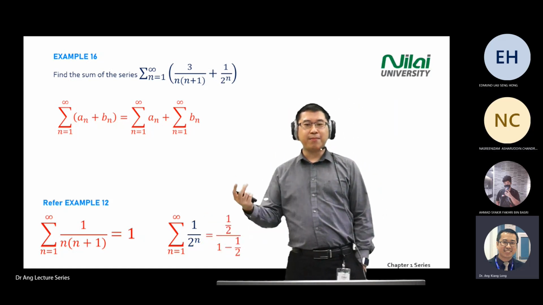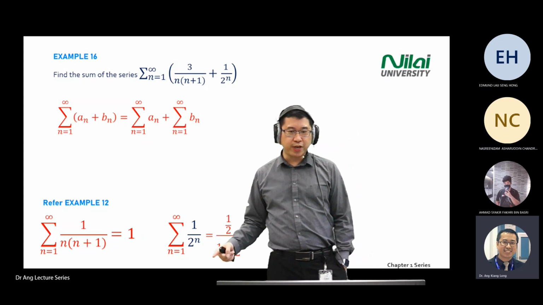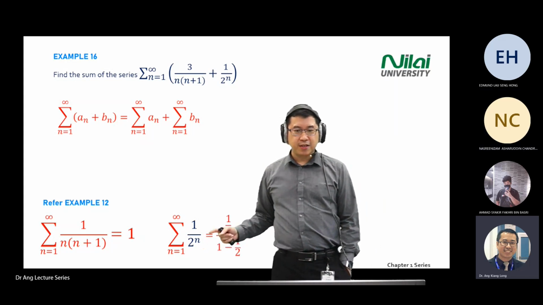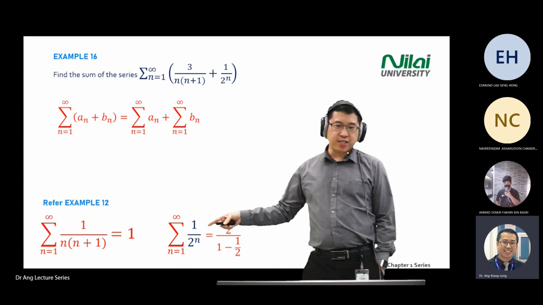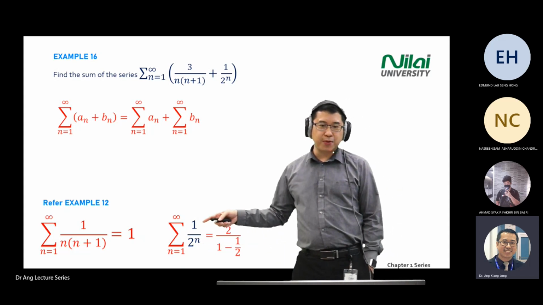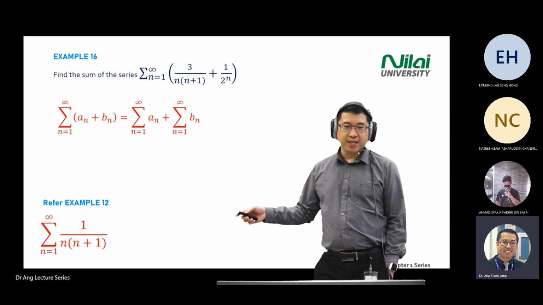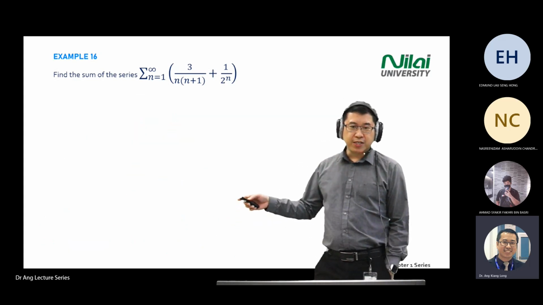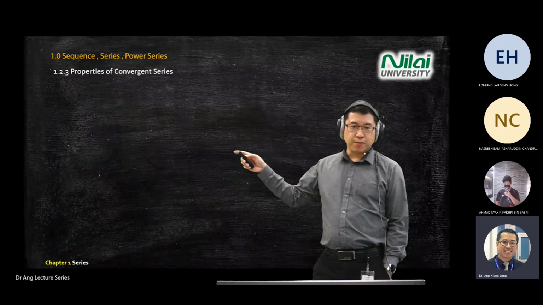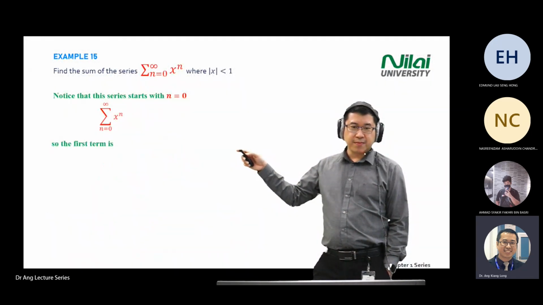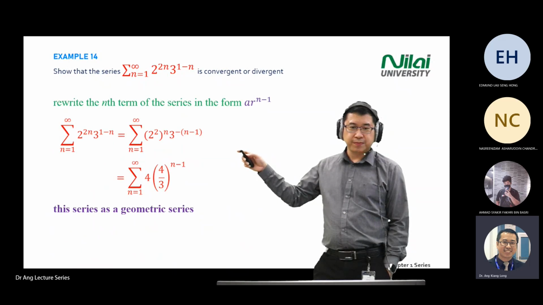How do you get the third number? n equal 3, so 1 over 8 and so on. So how do you get this calculation? Because you see this one as a geometric series, and for a geometric series you know this is the theorem. It gives you one equation, just now.